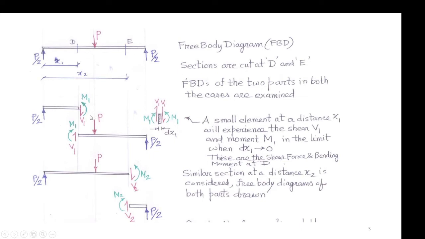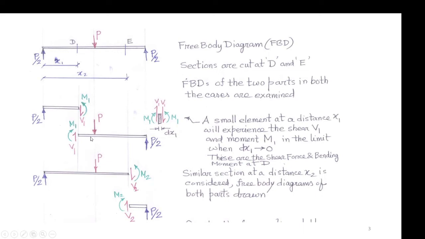Now let's examine how it looks for the other part. Passing the section at D divides the beam into two parts. One part we have considered; the next part is here. Equal and opposite forces act on the same cross section: if I indicated right-down shear on one part, it is left-up shear on this part.